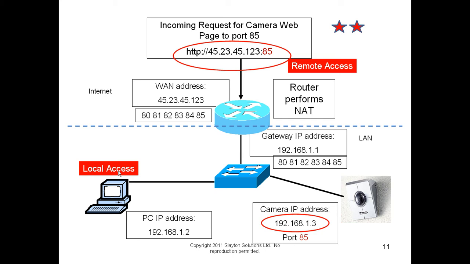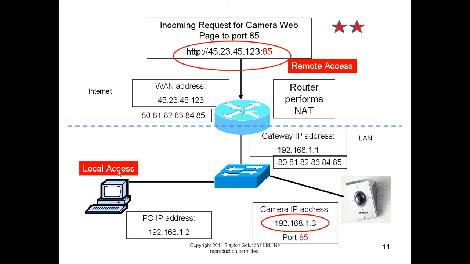We're going to use the internet or public IP address of that DSL adapter or cable modem and the port number. And that's going to bring us to the camera. So we've got two ways now to get to the camera. And, you know, we don't have to have just one camera device. We can have multiple devices. Remember, if you have multiple devices, you must use unique local IP addresses and you must use unique port numbers.